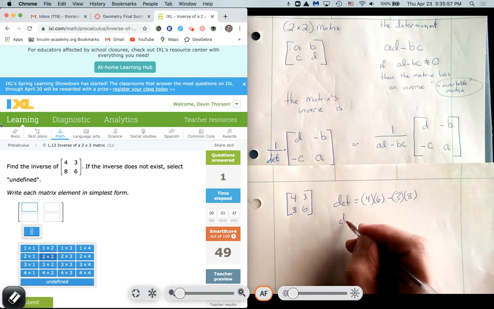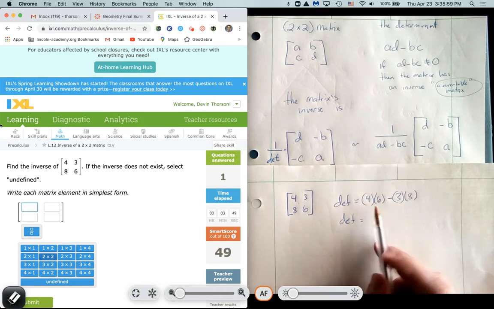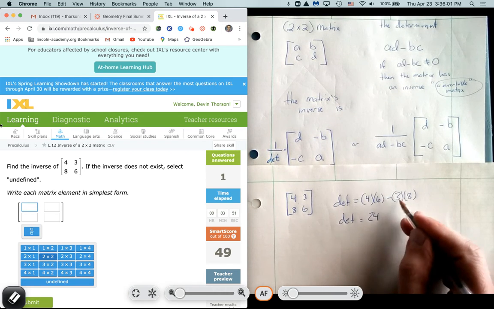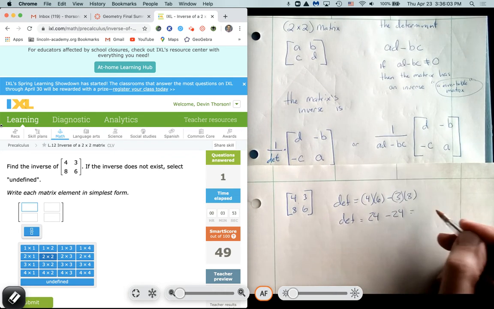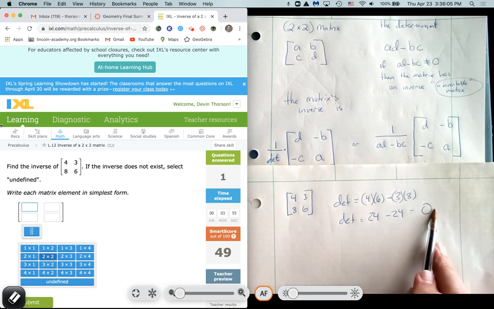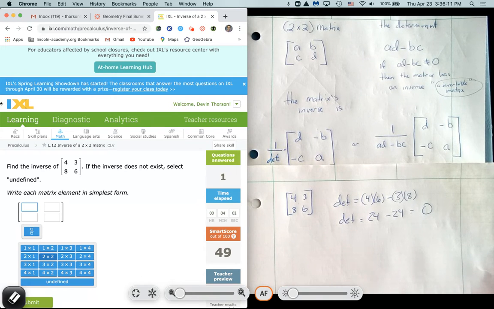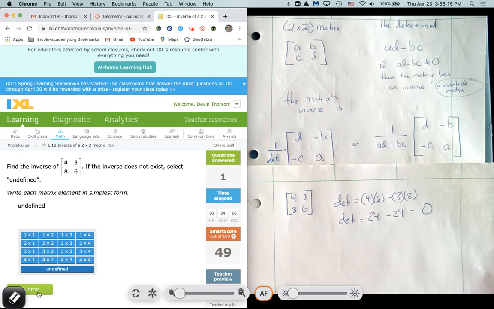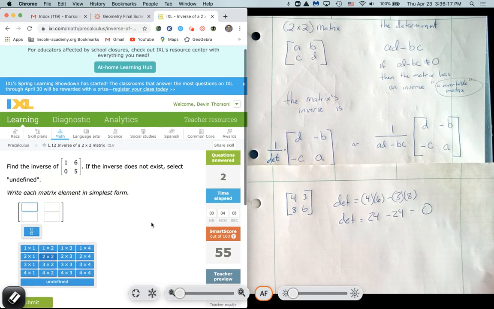So my determinant is equal to 24 minus 24. I really like that. If the determinant is 0, it has no inverse. It's undefined. I can just come over here without any more work, hit undefined, and hit submit. And I get my answer.